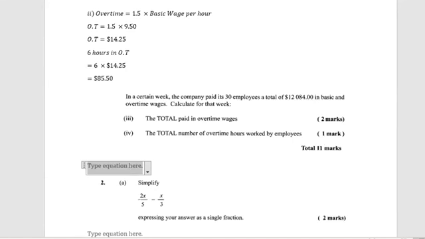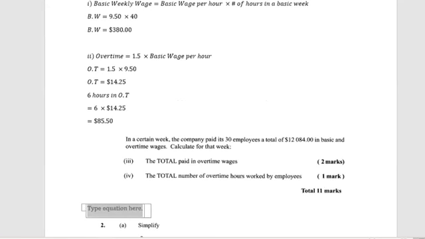What we do know from what we calculated in part 1 is the amount that is paid for basic wages, and this amount does not include any overtime, which is $380. So we know how to calculate for 30 employees, which we're assuming that they all worked 40 hours in this given week, what would be the total basic wage for these 30 employees.